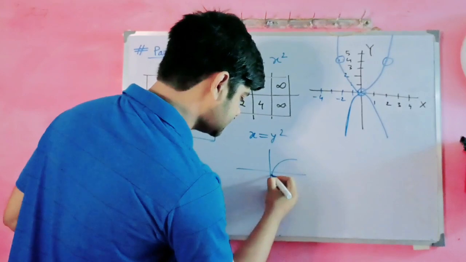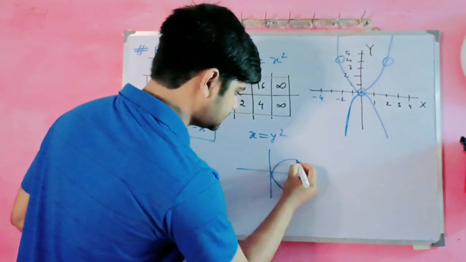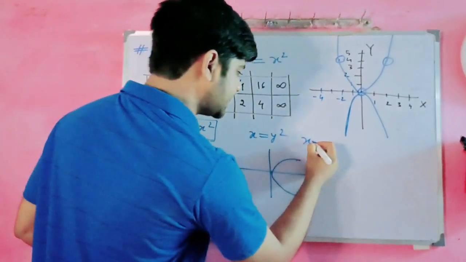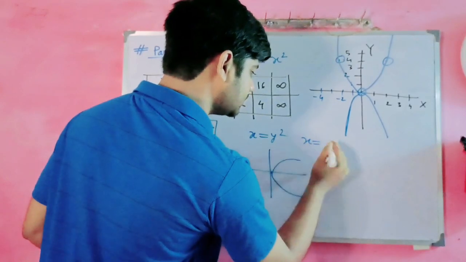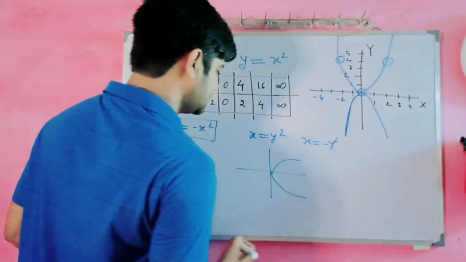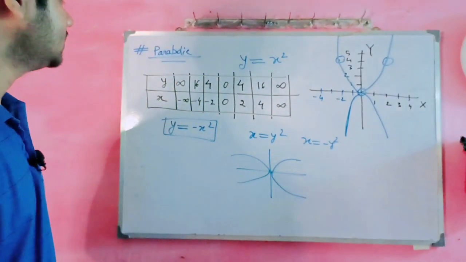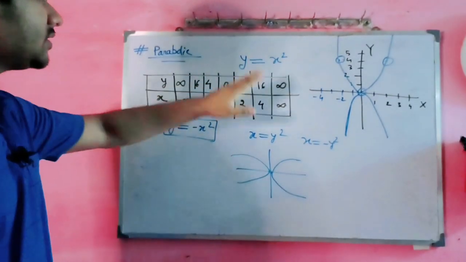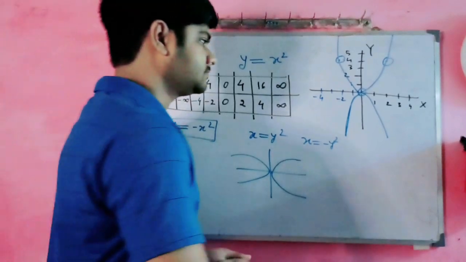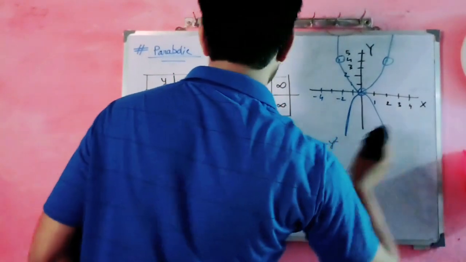It will look like this. And for x equals minus y squared, you can do it on your own. It will be like this. So these are our parabolic graphs. I think it is clear now.